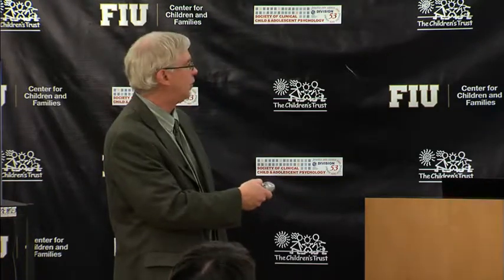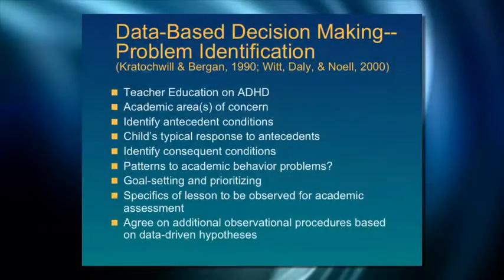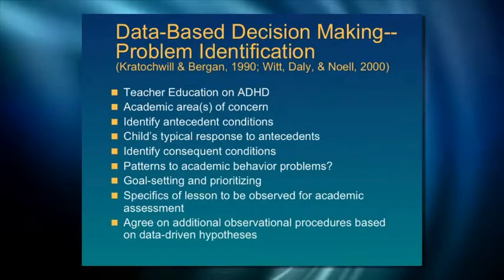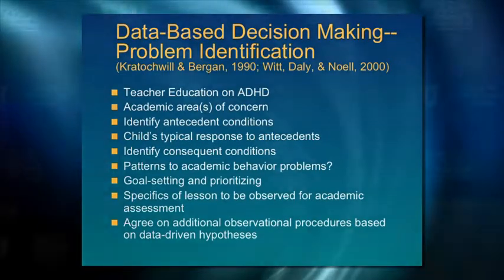First, the thing is we identify what's the area of concern. Now I have academic up here, but you could substitute in there a social area of concern or a behavioral area of concern. In other words, identifying the specific problem or problems in each area of functioning at a very specific level. Then once you do that, you're looking at what are the environmental contexts to those problem areas.